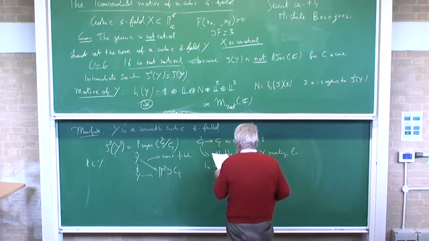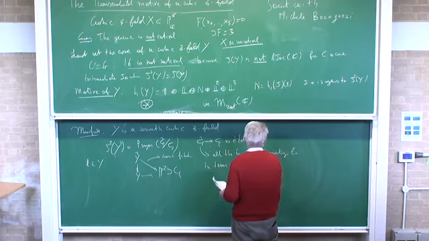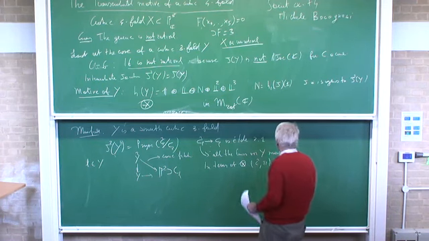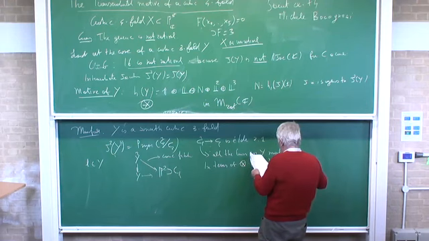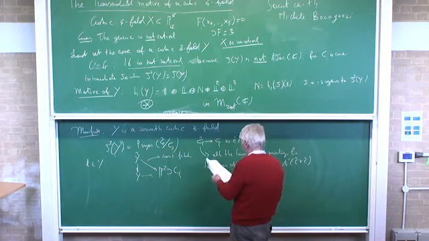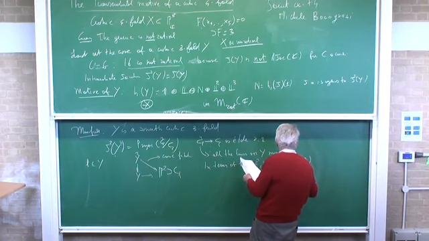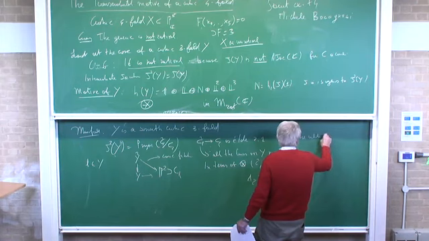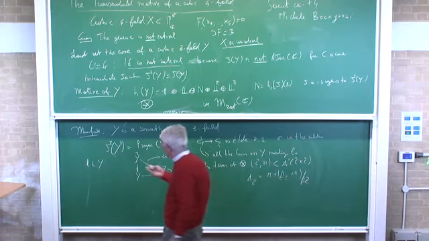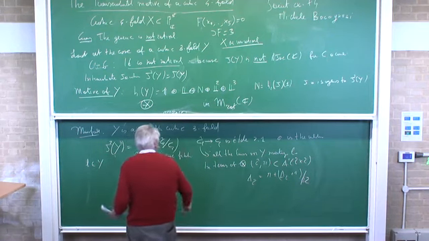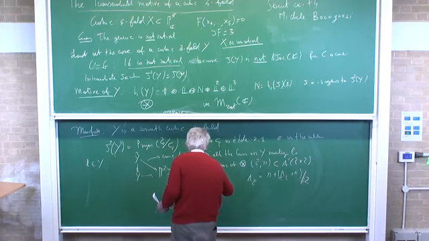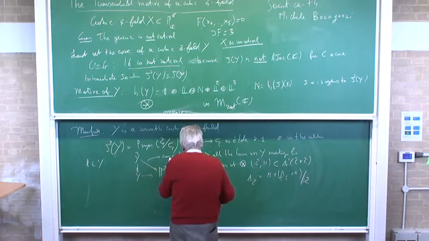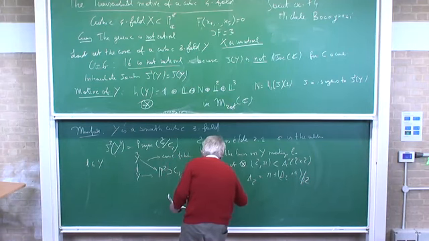In terms of motives, this is a projector in A1 of C bar cross C bar, and the diagonal is just pi plus delta C plus sigma, divided by 2, where sigma is the involution. So this Prym motive corresponds to H1 minus.